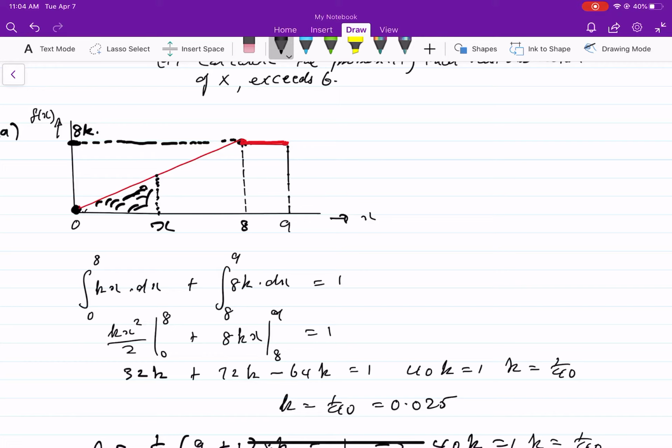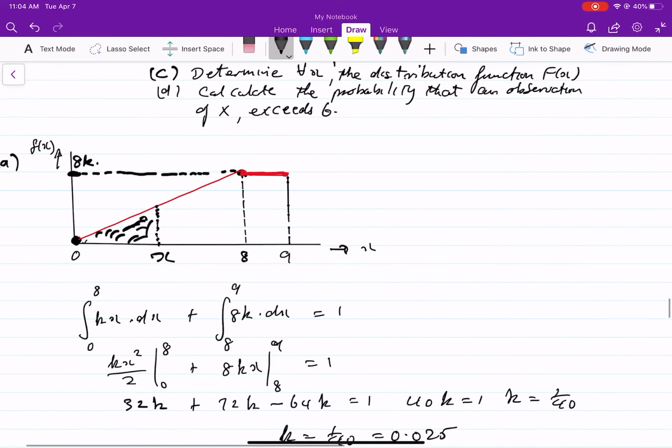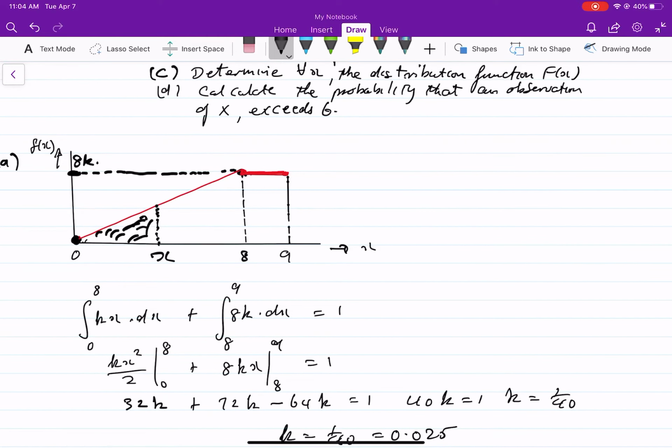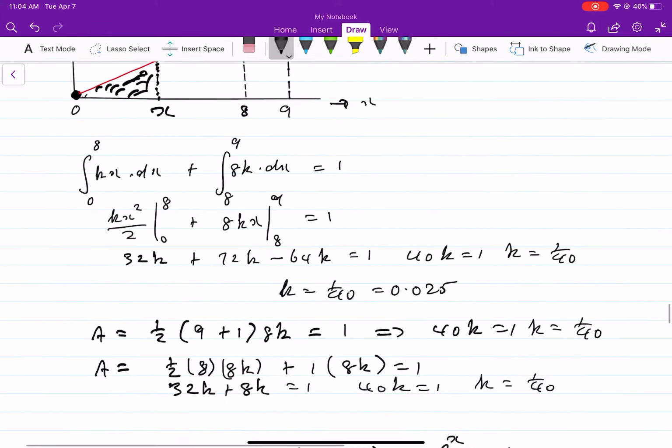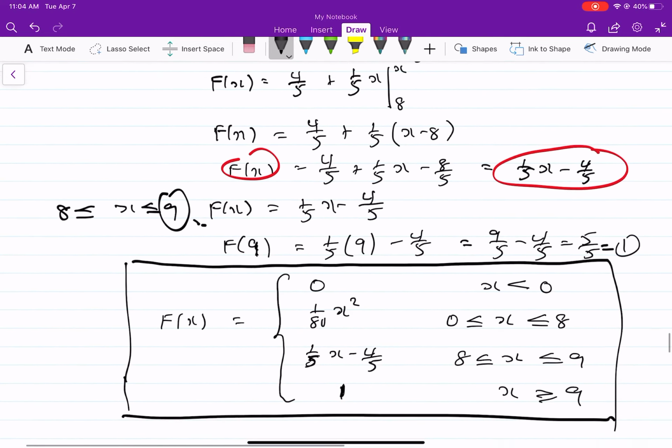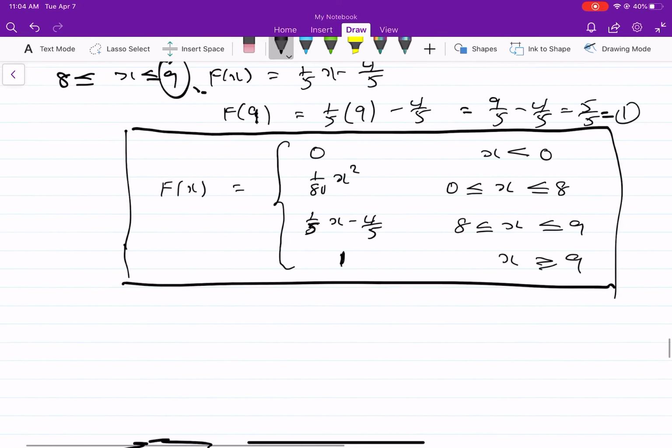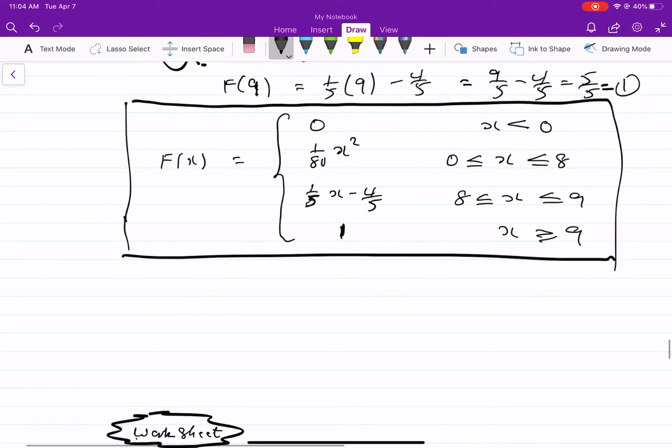How do you find that probability? Well, before, you could have used the PDF to do it. Simply find all the area under the graph between 6 all the way up to 9. You could do that, but now we got the big F of x function to help us. Let's see if we can use it. I'll probably go back and do it that way as well.